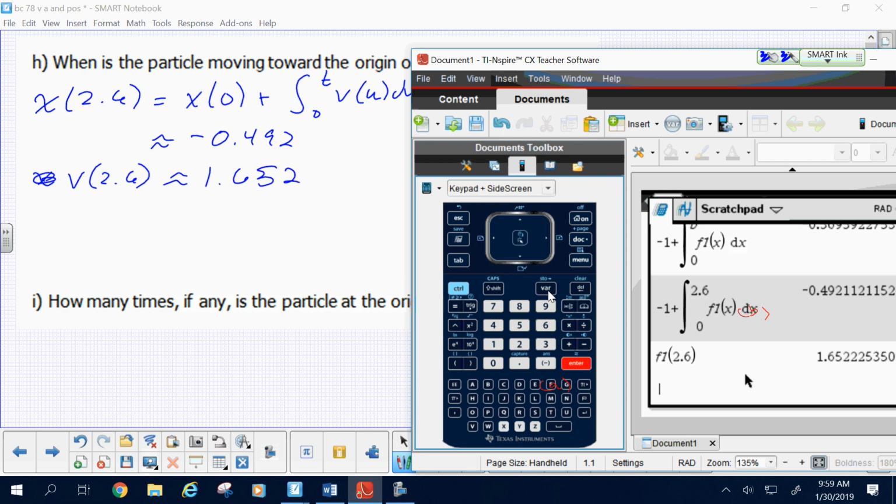So what do we conclude? Moving towards the origin or away? First of all, is it starting left of 0 or right? Left. And is it moving left or right? Right. So is it moving towards or away? Towards. Yeah. So we would conclude the particle is moving towards the origin.